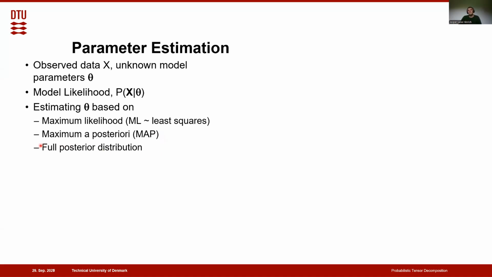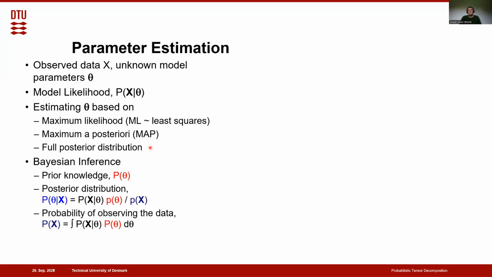And then you can do the full posterior distribution, which gets the entire distribution of the random variable. In Bayesian inference, you specify the priors, and you find the posterior distribution as the likelihood times the prior, divided by P of X. P of X is the probability of observing the data, and that is where all the trouble comes from, because P of X is the integral, or sum, over every possible parameter choice.